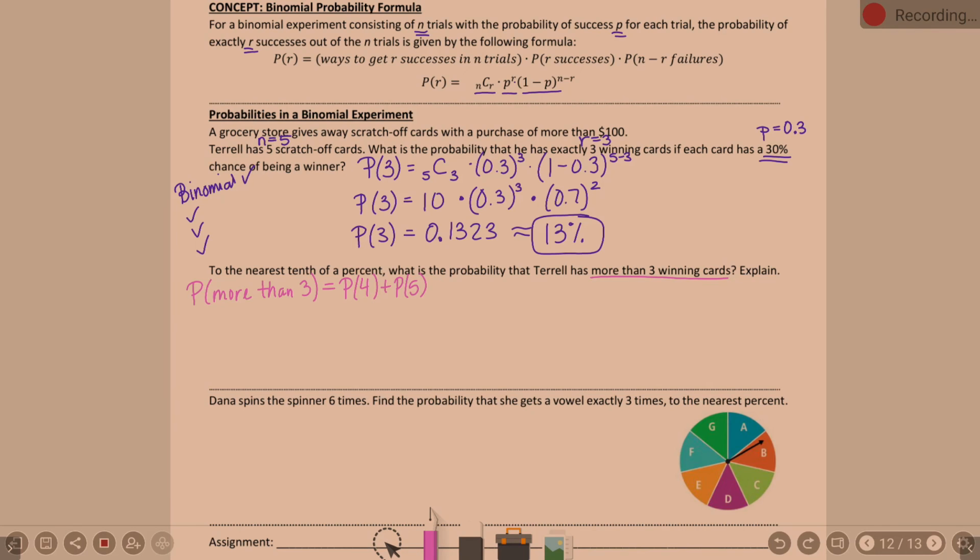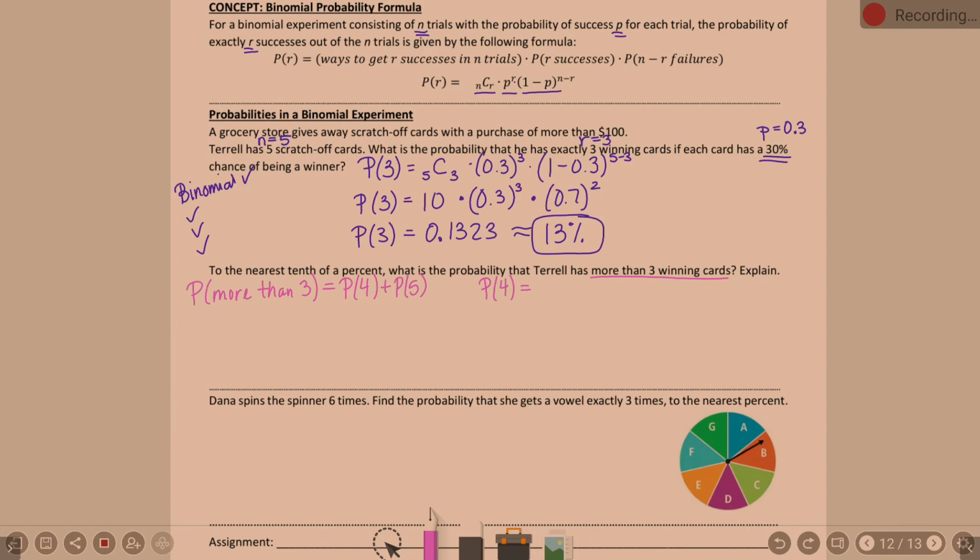Now, good news, we already have all the information from last time, yes? And so if we go through and do probability of 4, that just means that now instead of R being 3, R is 4, yes?